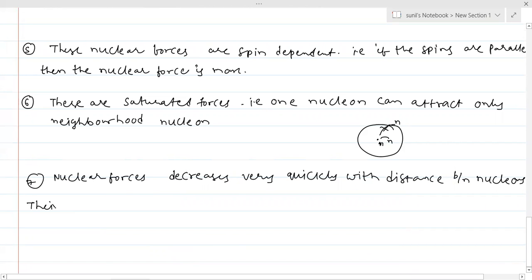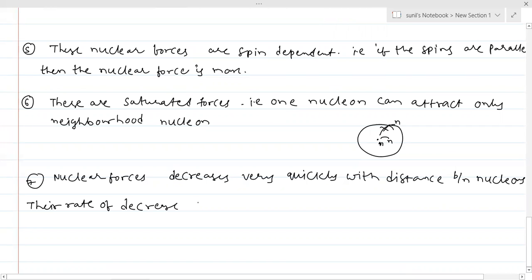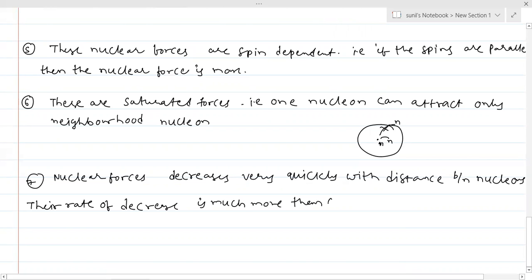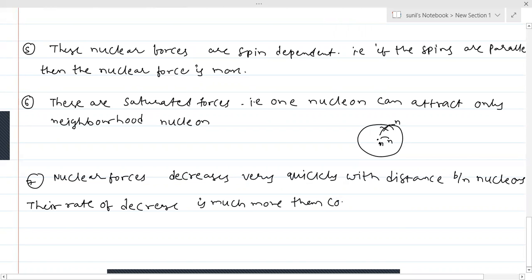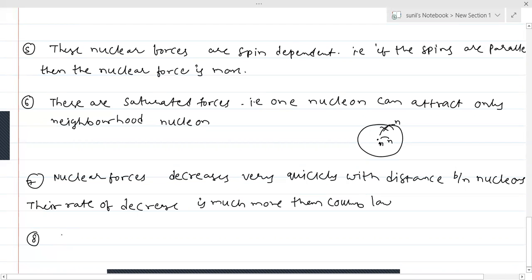Their rate of decrease is much more than Coulomb's law. That means F is proportional to almost 1/d^5, whereas in Coulomb's law we have F proportional to 1/d^2.